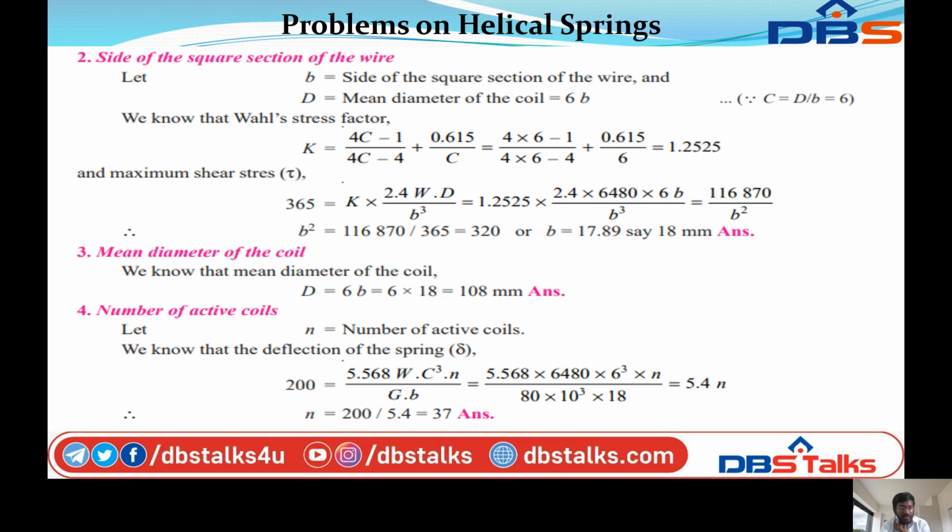Substituting the values, 200 is equal to 5.568 into 6480 into 6 cube into n by 80 into 10 cube into 18, that is equal to 5.4 n. So finally, n is equal to 200 divided by 5.4, so the number of active coils n is equal to 37.